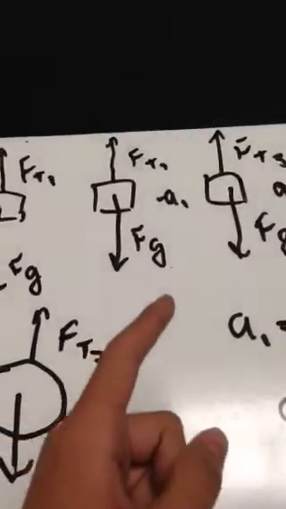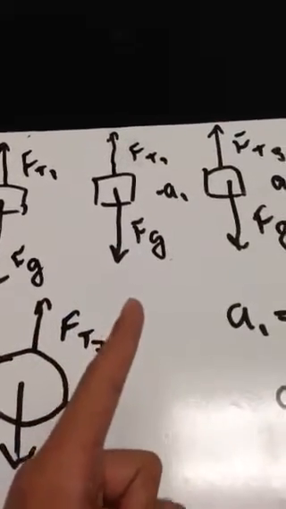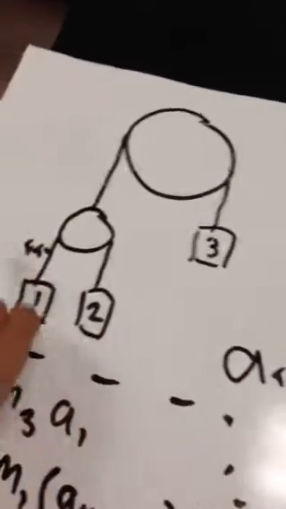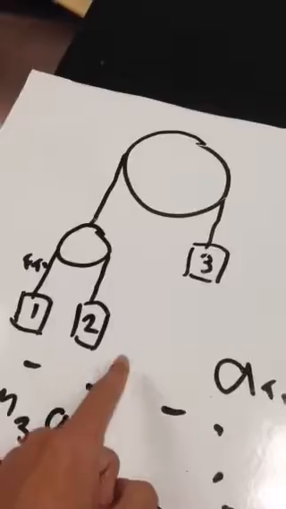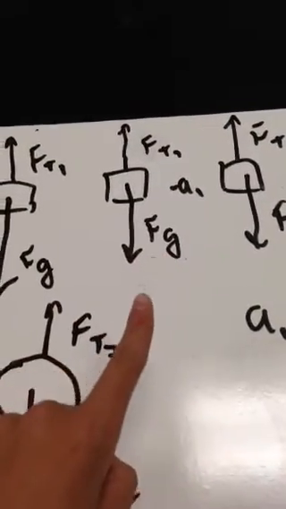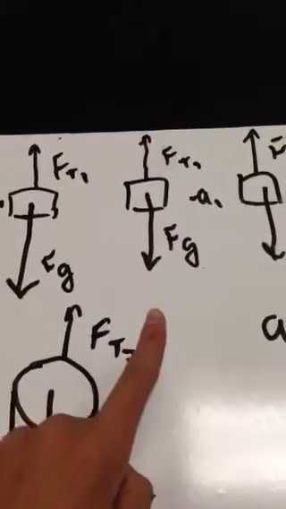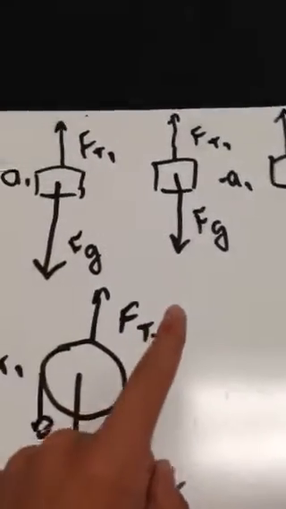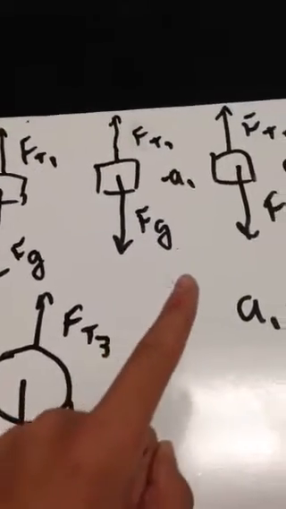For the second block, which is also in the smaller pulley system, the force of tension T1 is also acting on it because the same string is connected to it as block 1. The force of gravity is also acting on this block. Because it's on the other side of the smaller pulley system, we'll say that it's accelerating in the opposite direction as block 1, so negative A1.